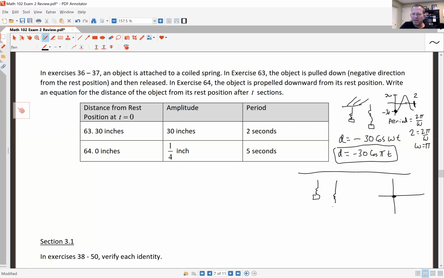We gave it a little bit of energy to propel it downward so that it starts in its downward cycle and then back through the average, then to max, and then back to average. So this one has to start from the origin, which makes it a sine. But because we propelled it downward, it's a negative, and the amplitude being 1/4 of an inch, down a quarter, up a quarter.